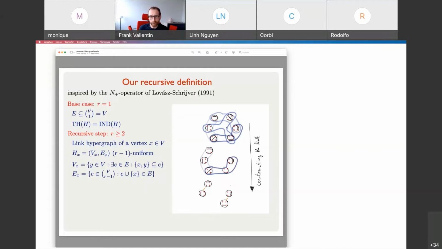So going from this hypergraph, I take the link of this vertex and I now get a 2-uniform hypergraph, which in this situation is just a graph on these four vertices: they have an edge here, an edge there. This will be an important construction in the definition of our recursive Lovász theta number for hypergraphs: taking the link.